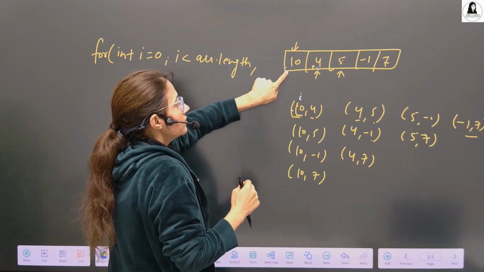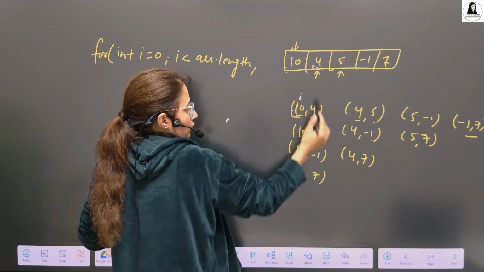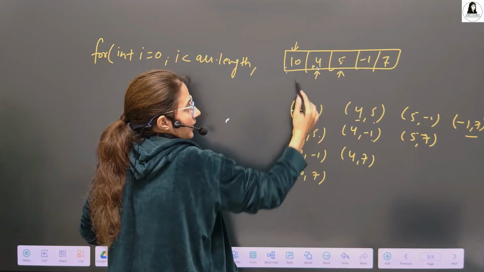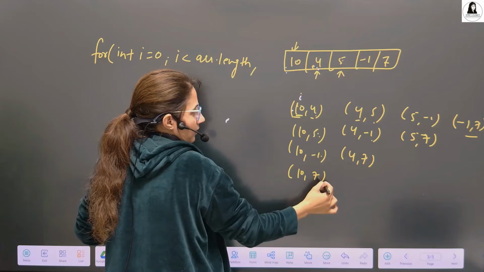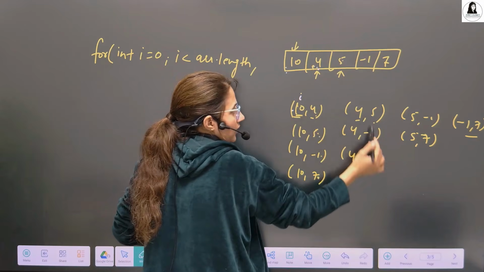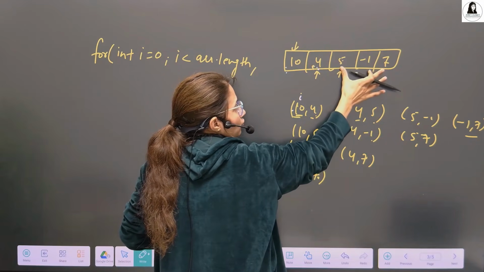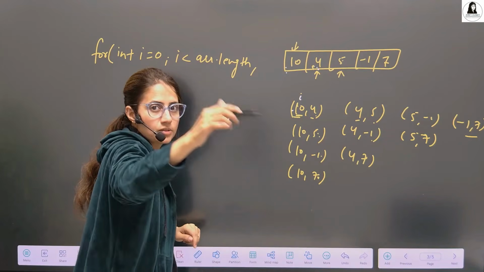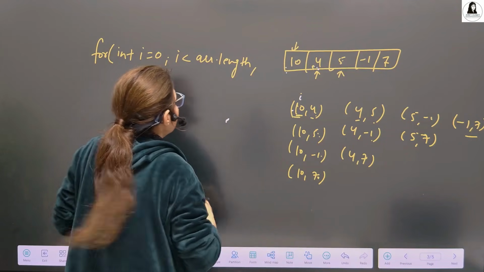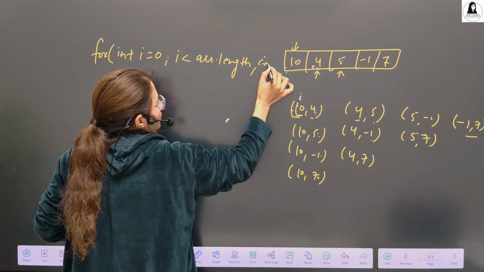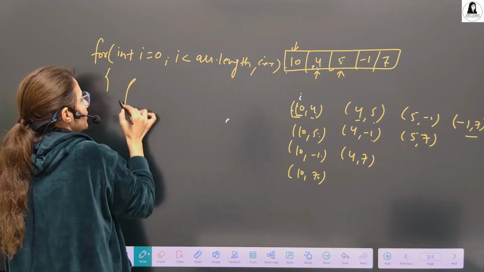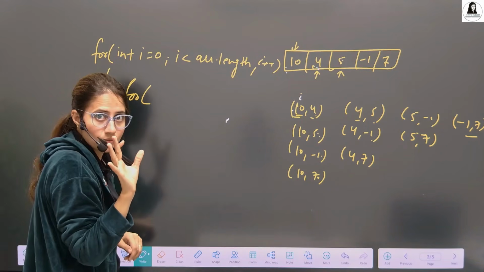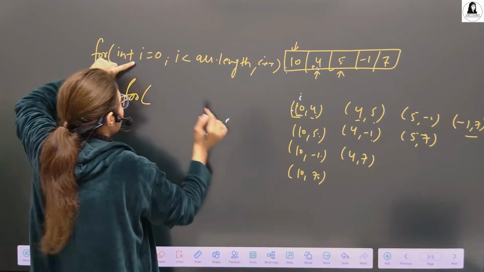For this, we are comparing with n minus 1 elements, then n minus 2 elements, then n minus 1, and so on till 1. So it's I plus plus. For this, obviously, we need two for loops, nested loops, because I is fixed, so I fix this.